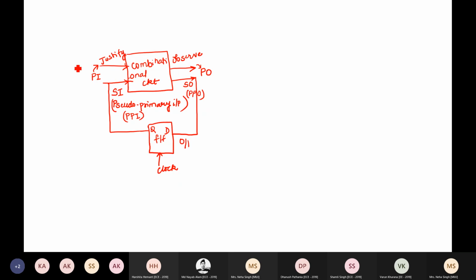For a primary input, I could say I keep its value 0 or 1, so I was able to control it. But the secondary input I am not able to control because this is given as the state of the flip-flop. Similarly, if there is a fault here and this is not given directly to the primary output but it is given to the secondary output, the fault is no more observable. I am not able to observe the fault at the output of my circuit.